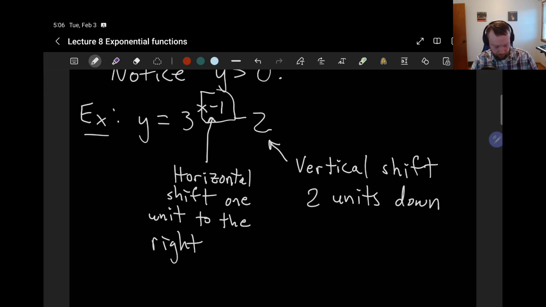But if you have a -1 with horizontal, that means you move in the positive x direction, 1 unit. So just keep that in mind. Horizontal is weird. You have to think backwards. And if it were instead a plus, say x plus 1, then you would move in the negative x direction to the left.